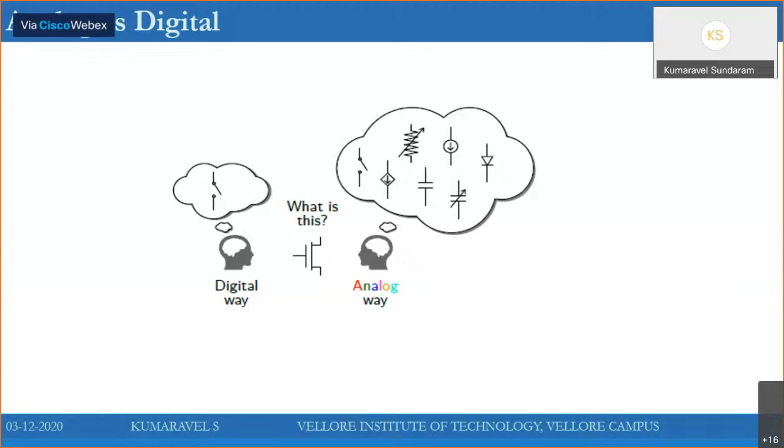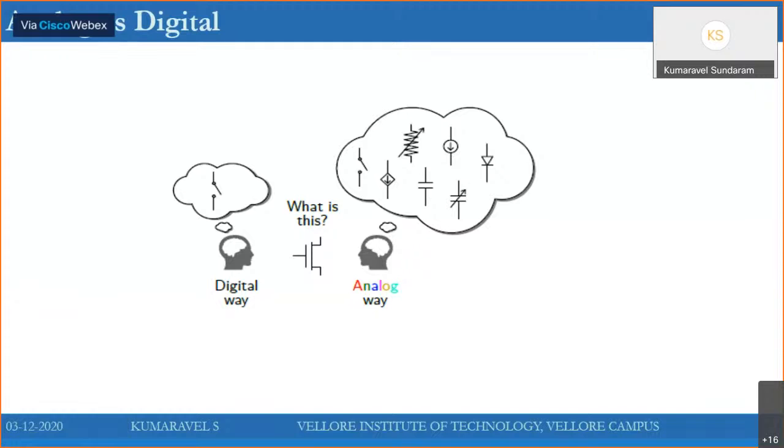I am not going into the very basics of MOSFET device operation, but we know the MOSFET operates in three regions: cutoff, triode, and saturation region. To realize digital circuits, we need our device to be operated in cutoff and triode mode.